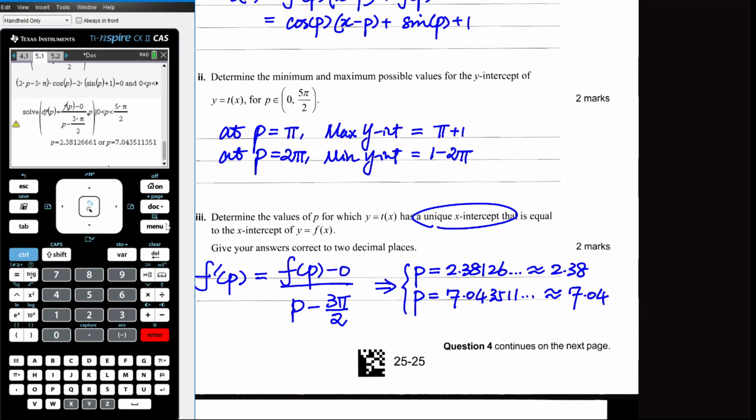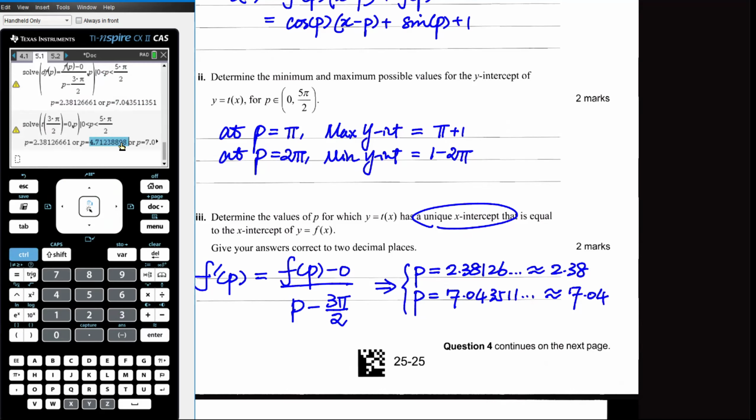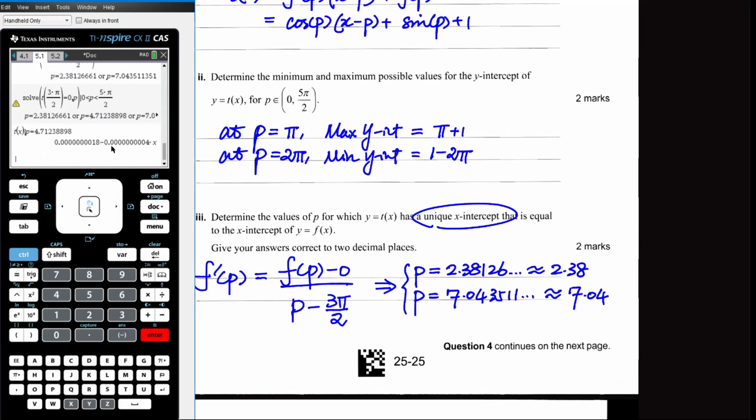Now, when I first attempted this question, I also used an approach like T of 3 pi on 2 equal to 0 for p. And I also used, let's say, this domain restriction. So I would get, let's say, this value, but the problem with this value is if you really put this p-value into the tangent line, technically speaking, this is y equals 0.